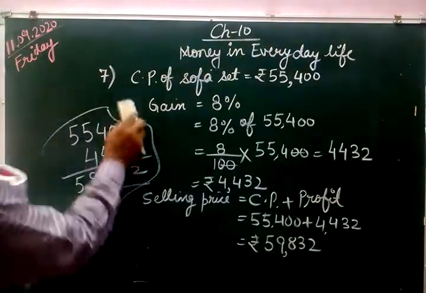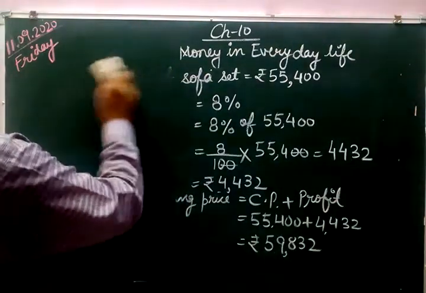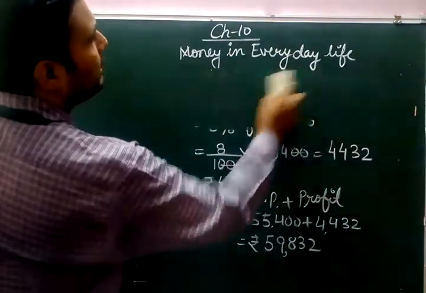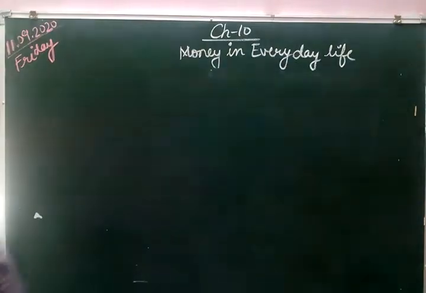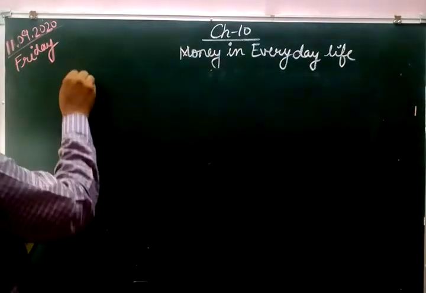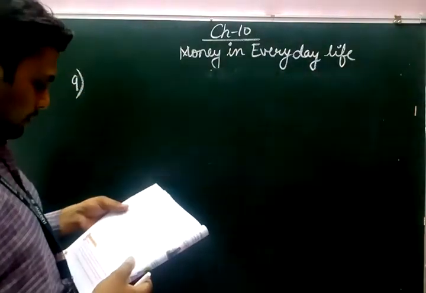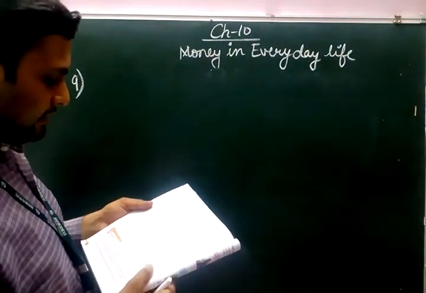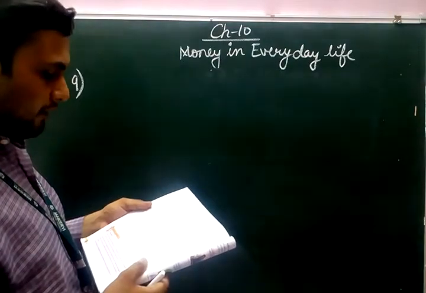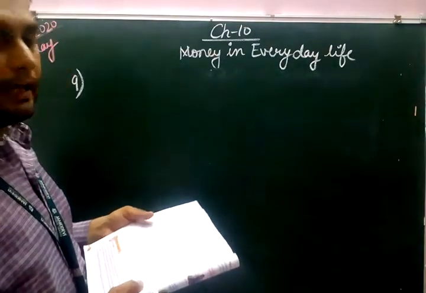Now student, we are going to do the ninth question. A bicycle bought for rupees 6,800 and sold at a loss of 5%. Find the selling price.